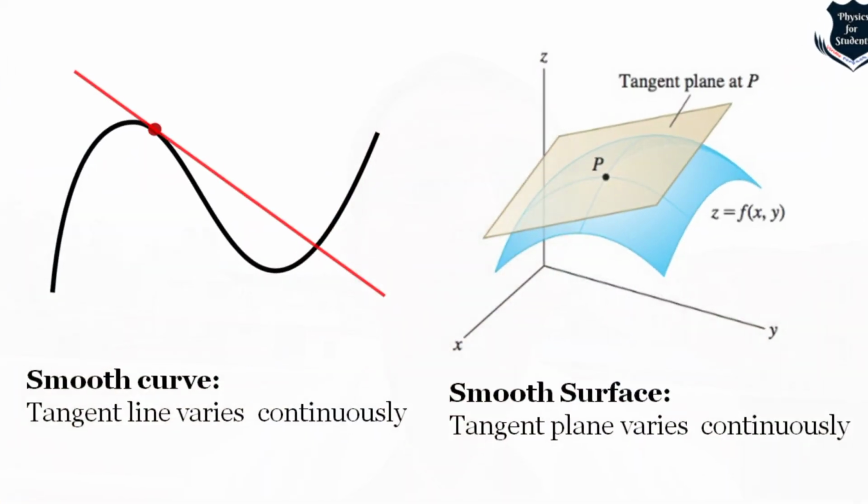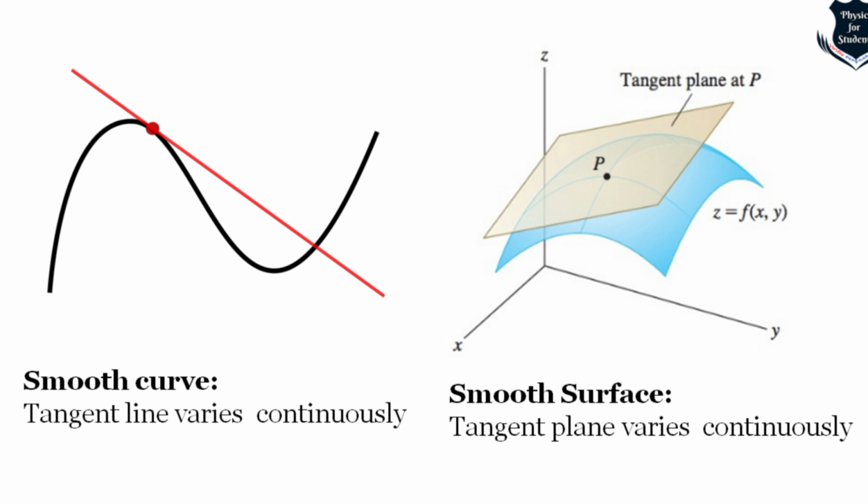On an intuitive level, it is very easy to describe what this is. Have a look at this picture. It shows what it means to call a curve smooth: it has a tangent line that varies continuously from point to point along the curve.